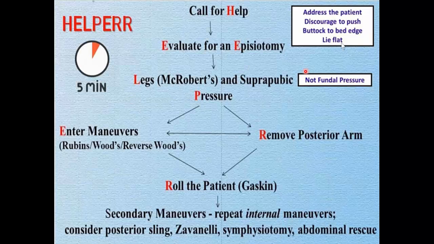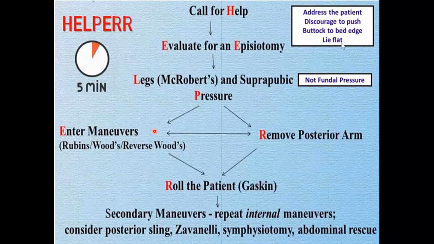Second is to evaluate for episiotomy, and you should consider episiotomy here. The first and most important maneuver is the legs, or McRoberts, and suprapubic maneuver. If you do a combination, first we start with McRoberts maneuver, and then if this fails, we do either enter maneuver or remove of the posterior arm. This depends on your skills and your experience.